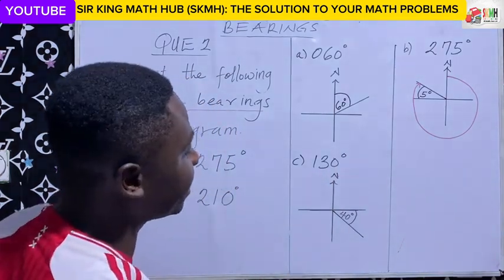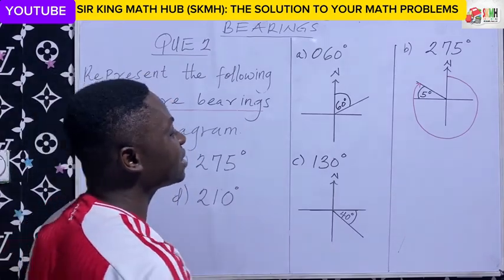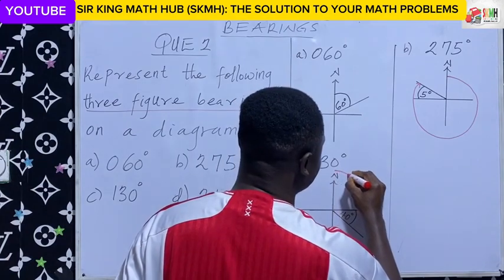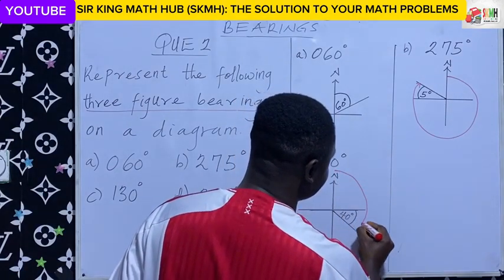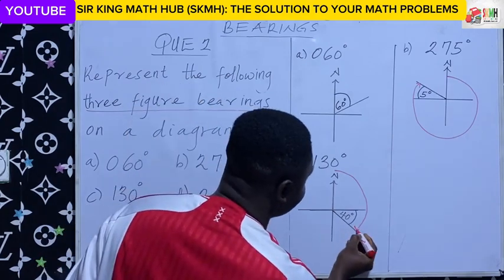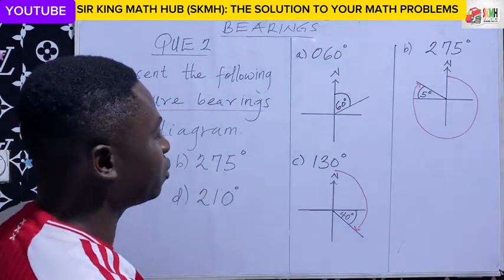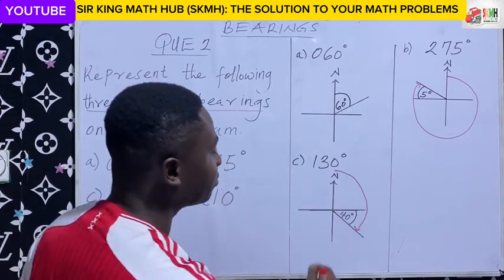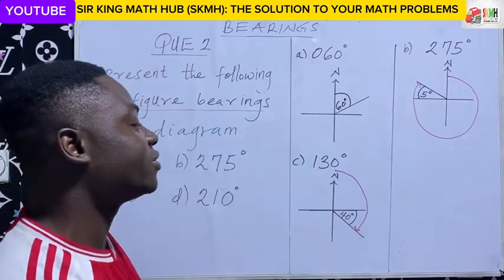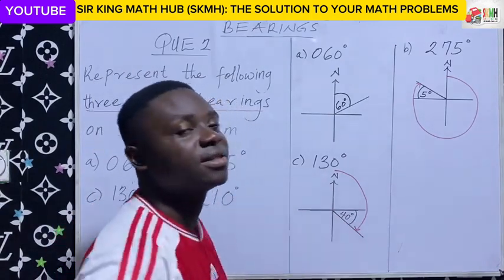We said that for the 3-figure bearing, angles are read from the geographical north in the clockwise direction. So the total of this angle here will be 90 degrees plus this 40 degrees, and that should give us 130 degrees.